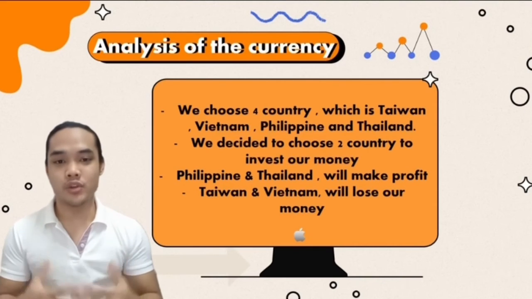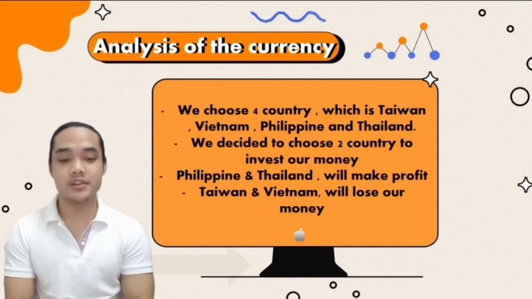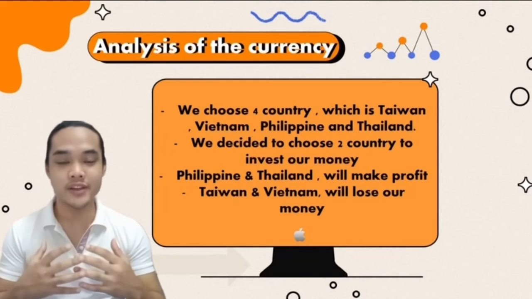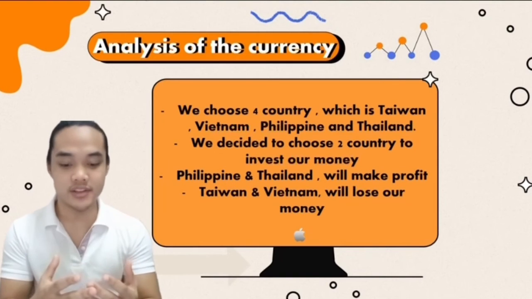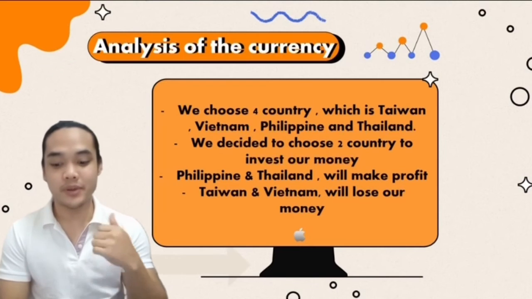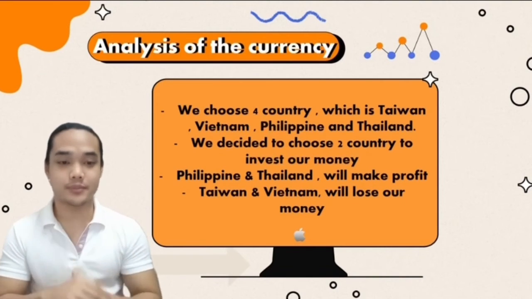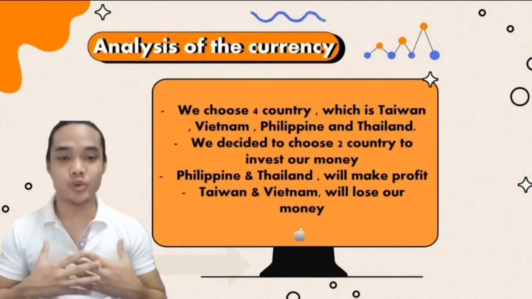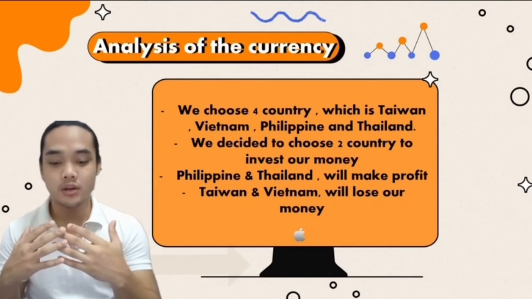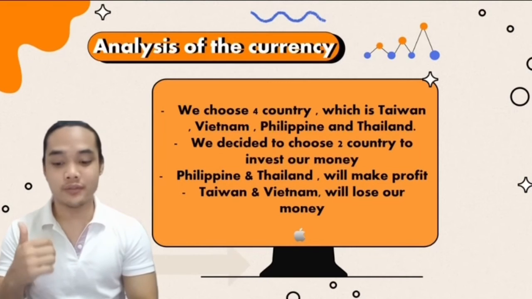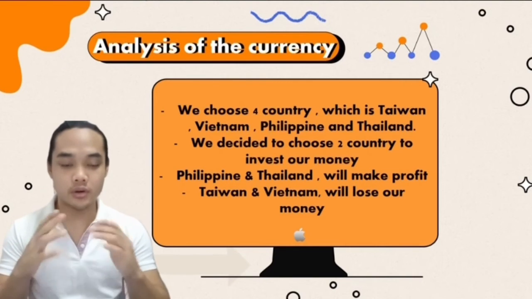The reason why we choose those 2 countries is because if we invest in those currency, which is Philippine pesos and Thailand baht, we gonna make a profit. And if we decided to choose Taiwan and Vietnamese, we gonna lose our money.